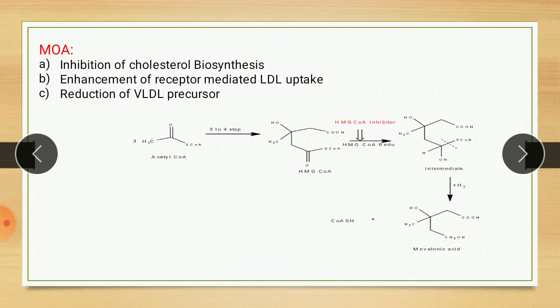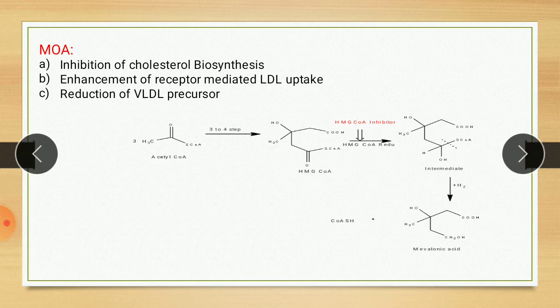The net result of all these effects is a moderate decrease in cholesterol synthesis and a significant increase in receptor mediated LDL uptake and overall lowering of plasma LDL level.